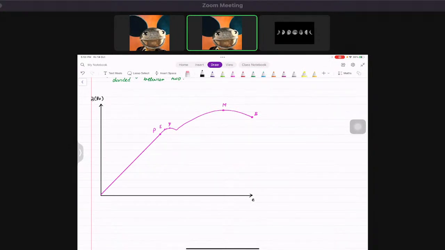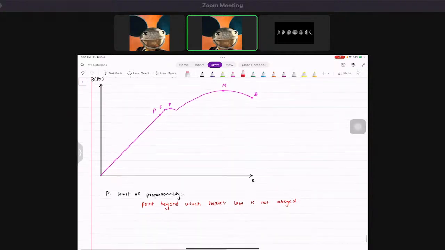Okay, so this point P is the limit of proportionality. You already know this. So limit of proportionality is basically a point beyond which Hooke's law is not obeyed.